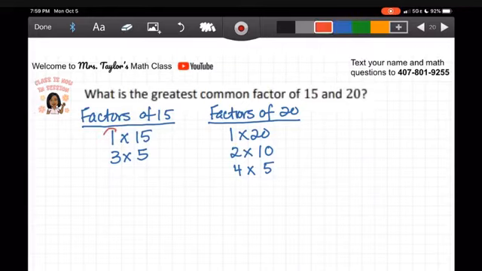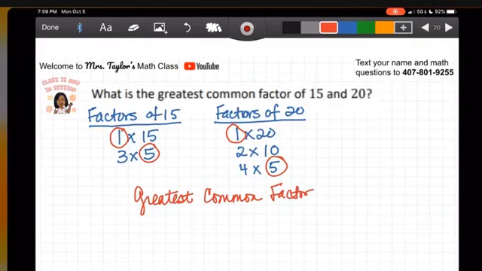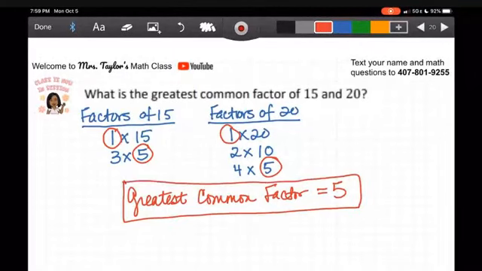They have 1 and they have 5. But what is the greatest common factor? In this case, it's going to be 5. The GCF. That's what we call it, GCF.